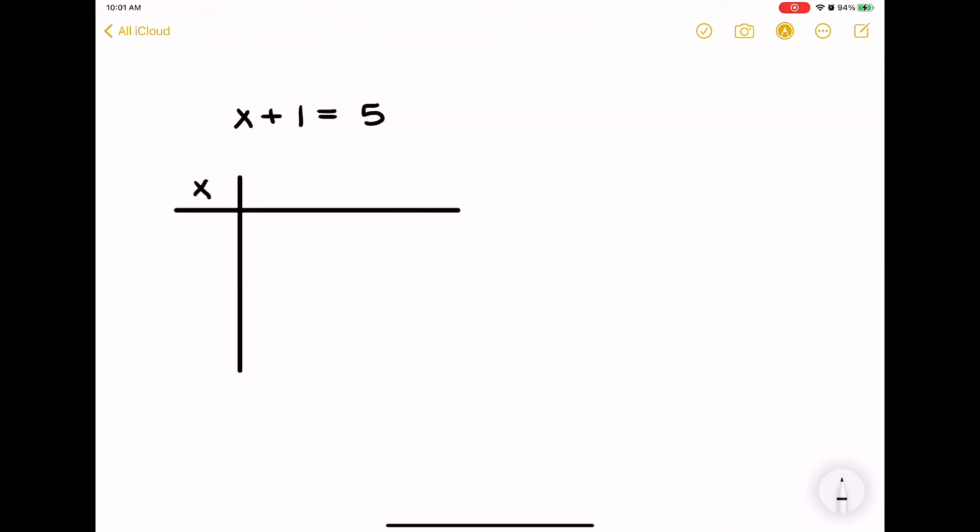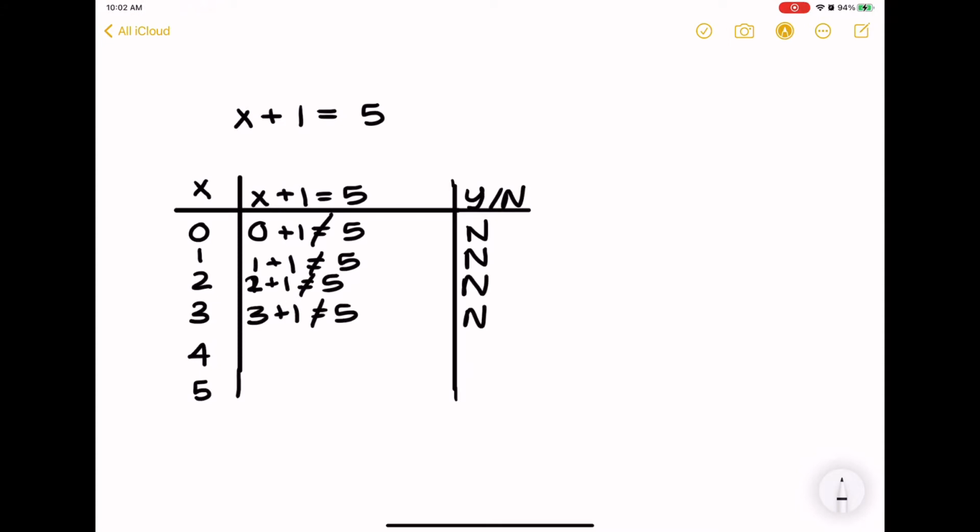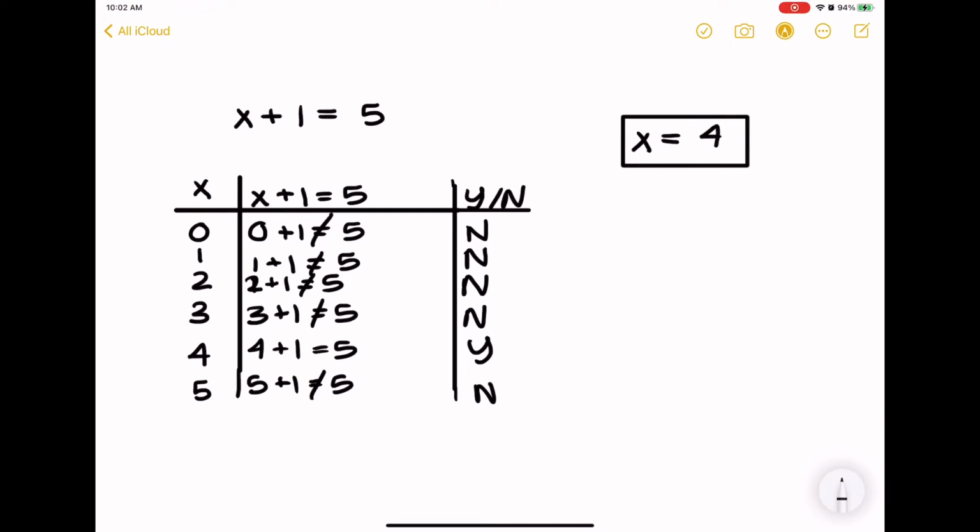So with the substitution way, we're given an equation and a variable, and we input a bunch of different random numbers for x, plug them into x in the equation one by one, and see if it's a true statement. If it's a true statement, then we know what x is equal to.